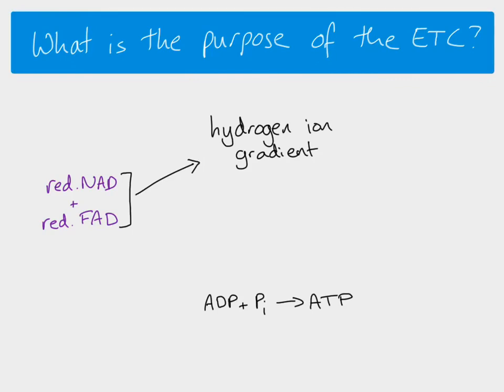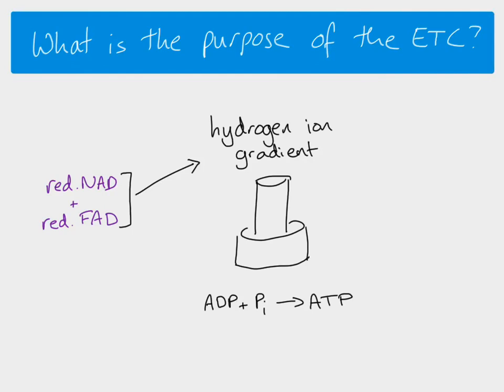And then once we've got a gradient, those hydrogen ions are able to move through our ATP synthase molecule. So this is ATP synthase. It's an enzyme, and when hydrogen ions move through, that movement is able to provide the energy to combine these two together to get our ATP.